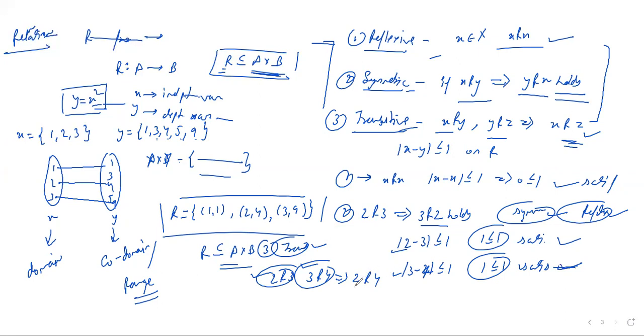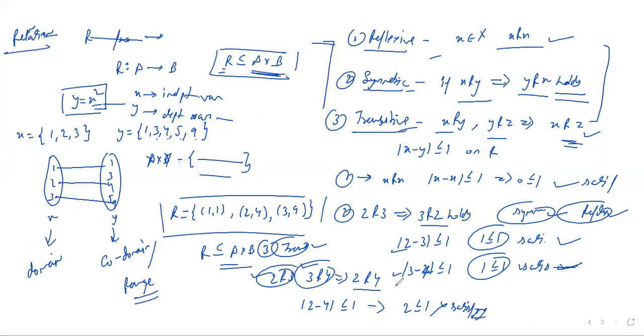Now let's check whether 2 is related to 4 holds for this particular type of equation. 2 minus 4, less than or equal to 1, which means 2 is less than or equal to 1. This is not satisfying.